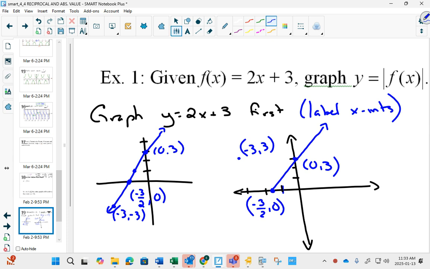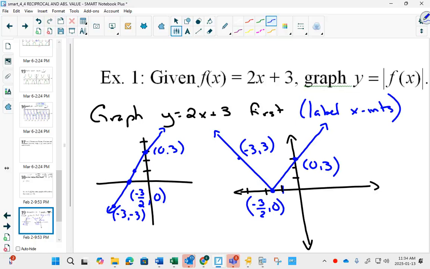And the easy thing about absolute value graphs is because everything that's negative becomes positive, how do you make something negative become positive mathematically? You would need to multiply it by a negative. And we think back to chapter 3 in transformations. When you multiplied your y values by a negative, that was a vertical reflection. So the whole part that was negative is just going to get vertically reflected up and become positive. And this is our new graph.